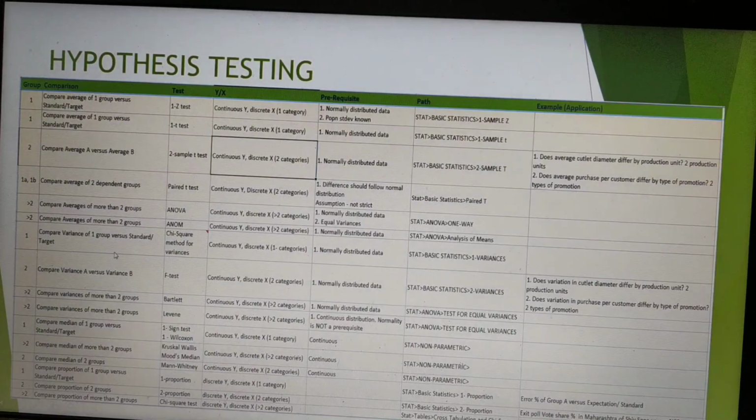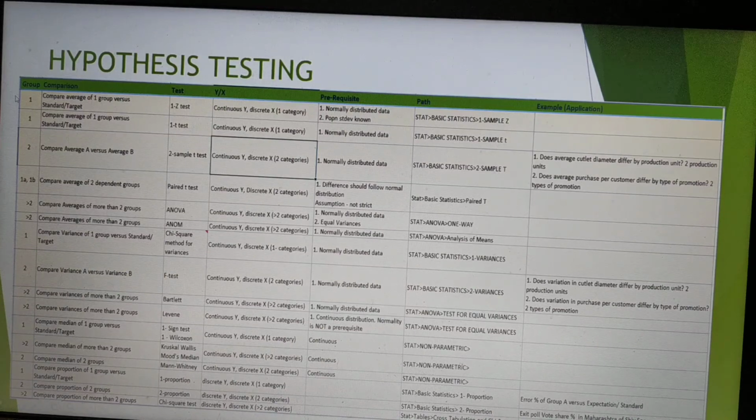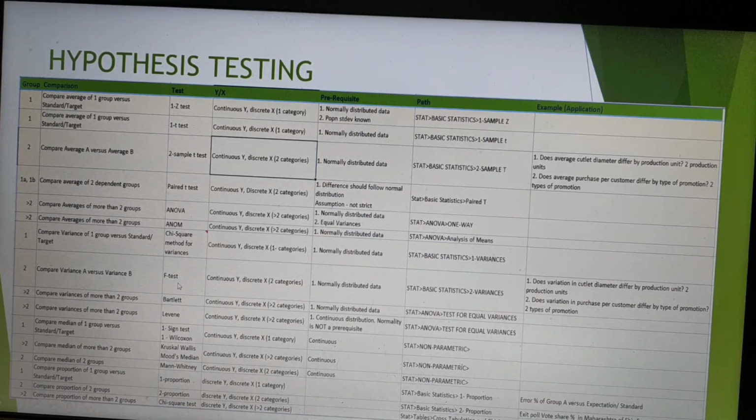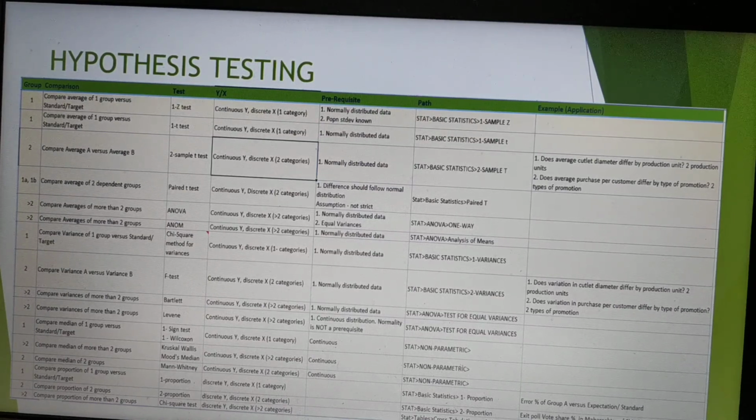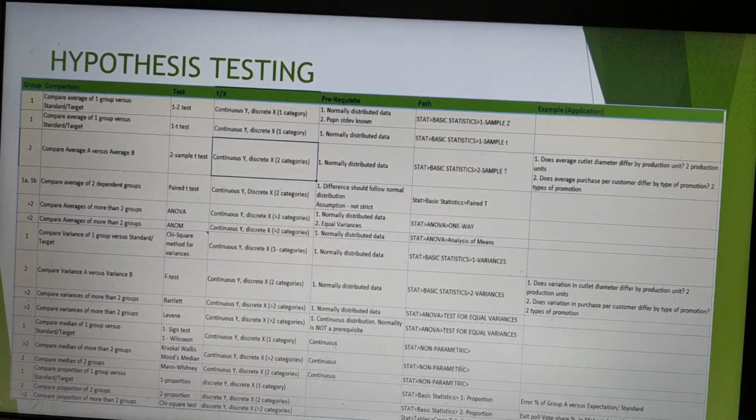So let's see. We'll go to this table, and here where my cursor is moving, you can see that for 2 groups, compare variance A versus variance B, the test to be performed is the F test. Similarly, for the other scenarios, we can find out the test we need to perform using this table. So we can summarize.